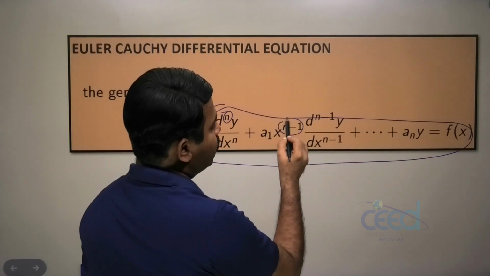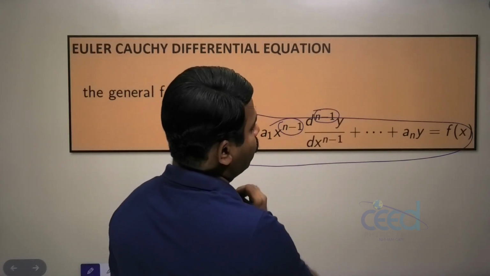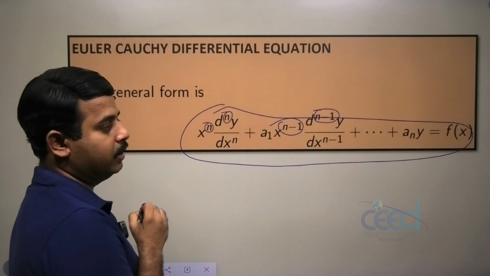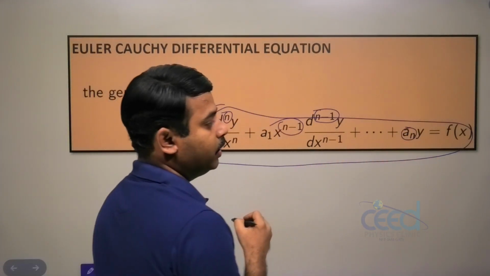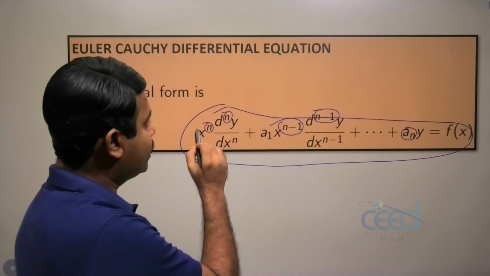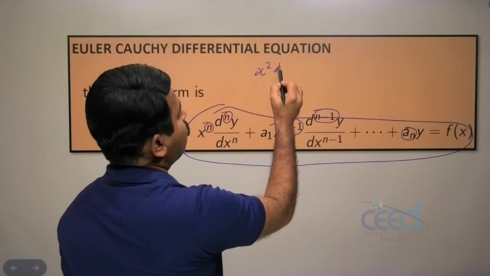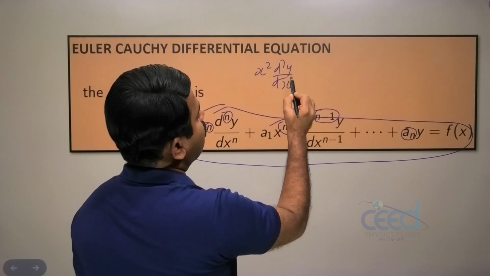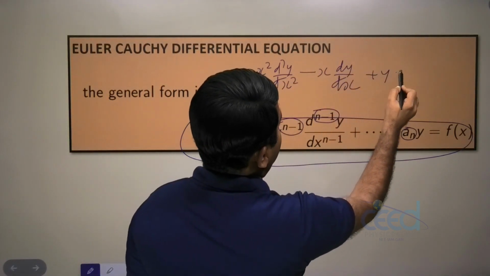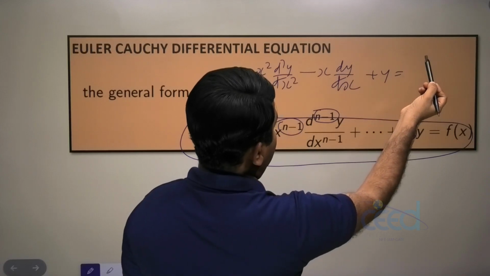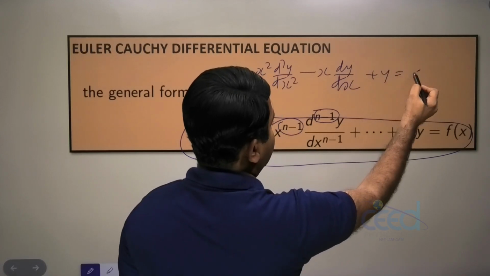If x power n minus 1 is here, the derivative power is also n minus 1. If there is no derivative, there is only a constant. For example, x square d square y by dx square minus x dy by dx plus y is equal to some sin x, cos x, anything.